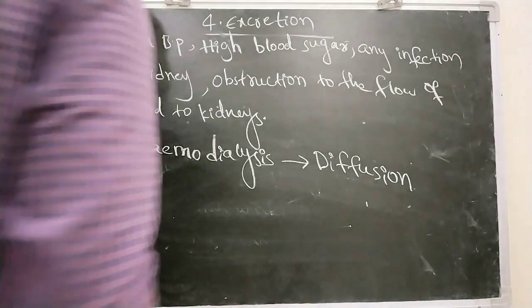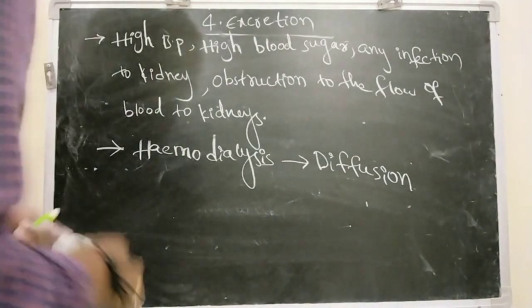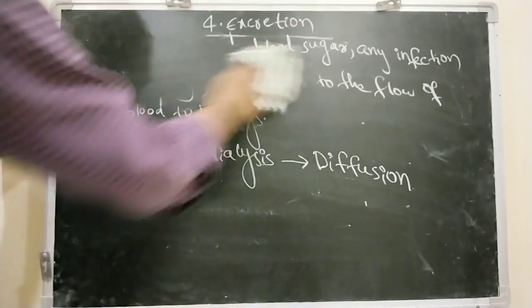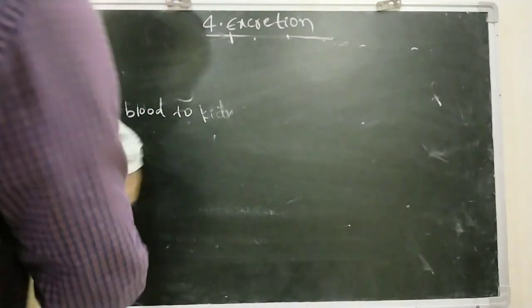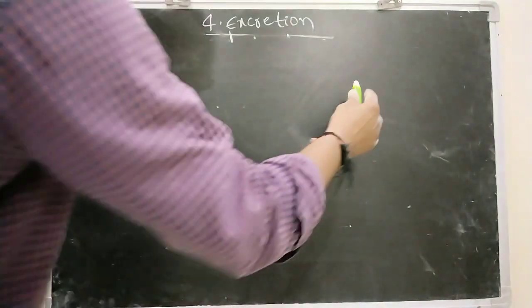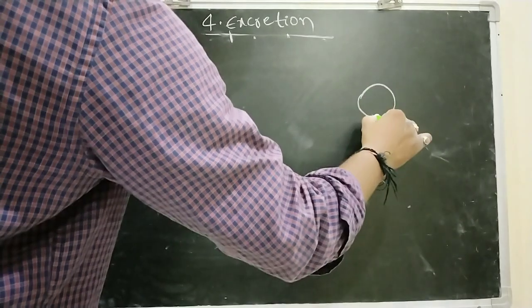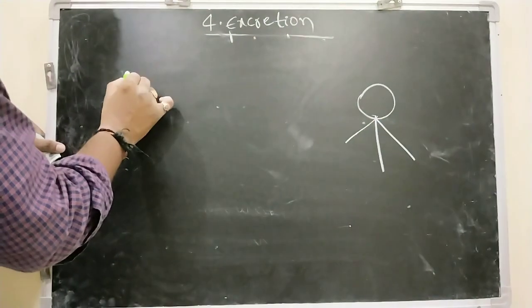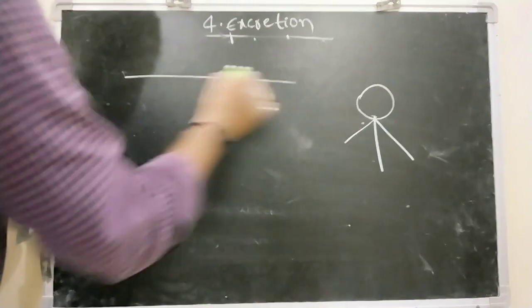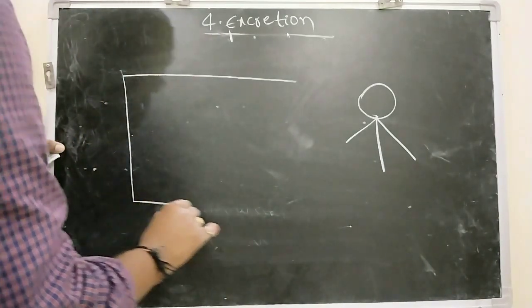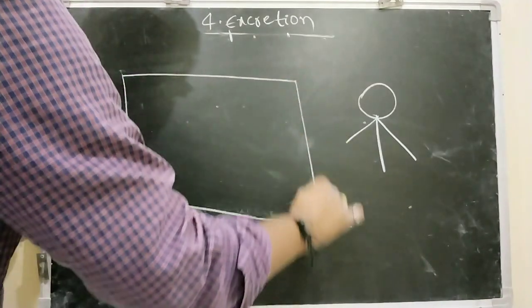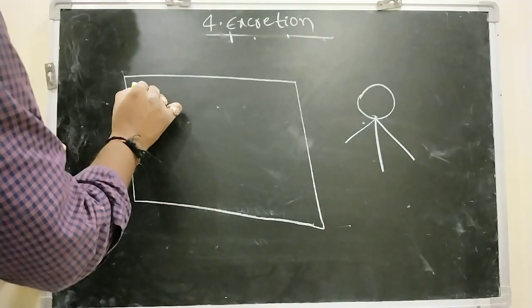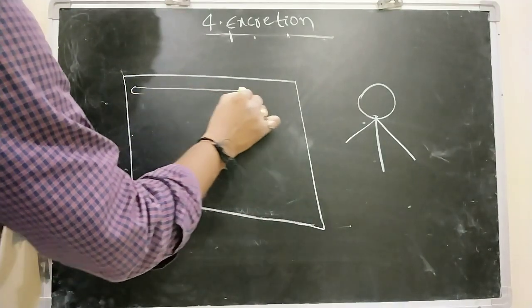Okay, we will discuss the dialysis process. First, for example, he is the person who is suffering with kidney failure, and this is a machine called dialyzer.